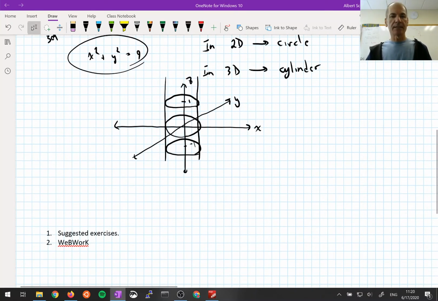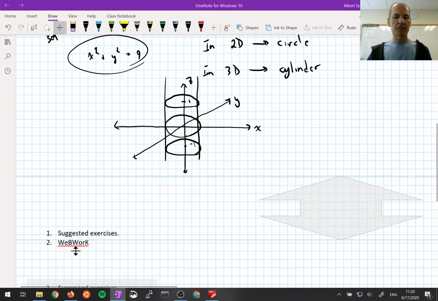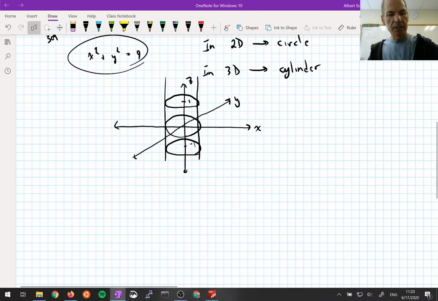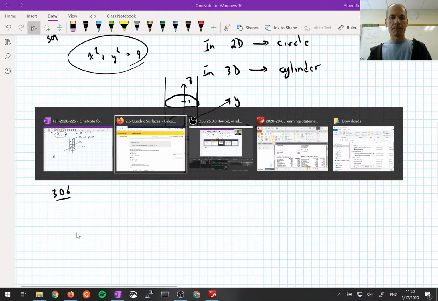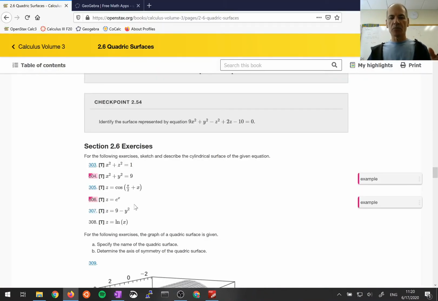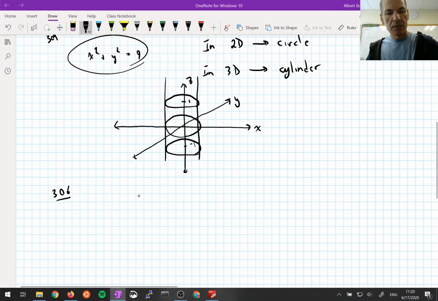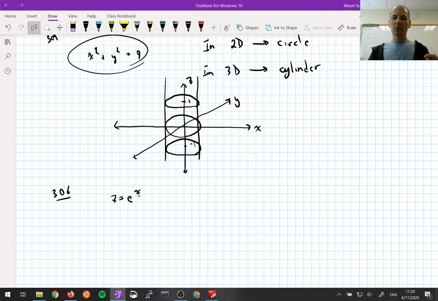Let's look at our next exercise, 306. In problem 306, we're to repeat the process only with a different curve, z equals e to the x. So for z equals e to the x, again, we're assuming 3D.